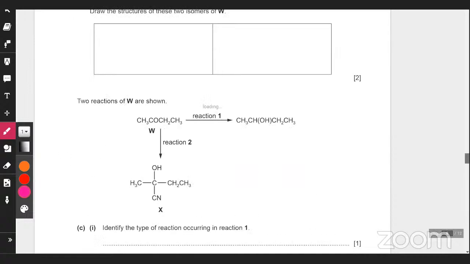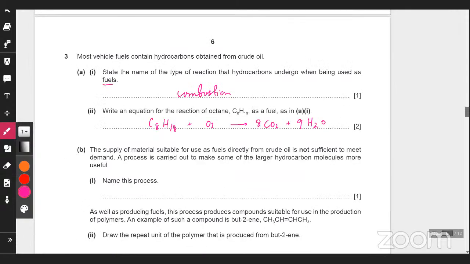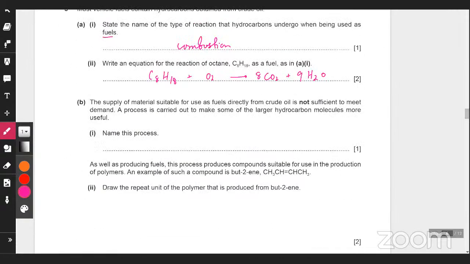So it's going to be 25 divided by 2. And you can write the states. Octane is liquid, it's petrol, and the products are gas and liquid.